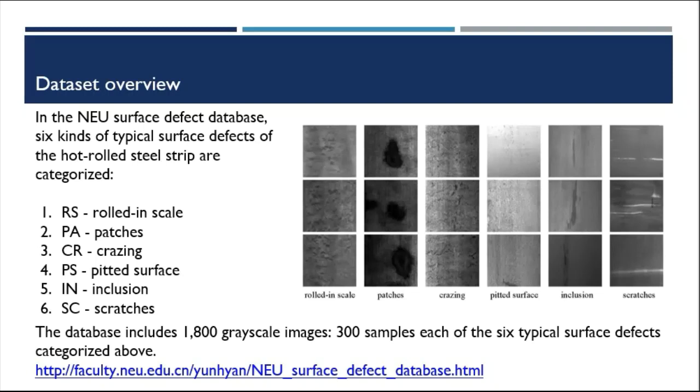The images in the dataset are in .bmp format. It has 6 types of typical surface defects of the hot rolled steel strip. The different types of defects are rolled-in scale, patches, crazing, pitted surface, inclusion and scratches.